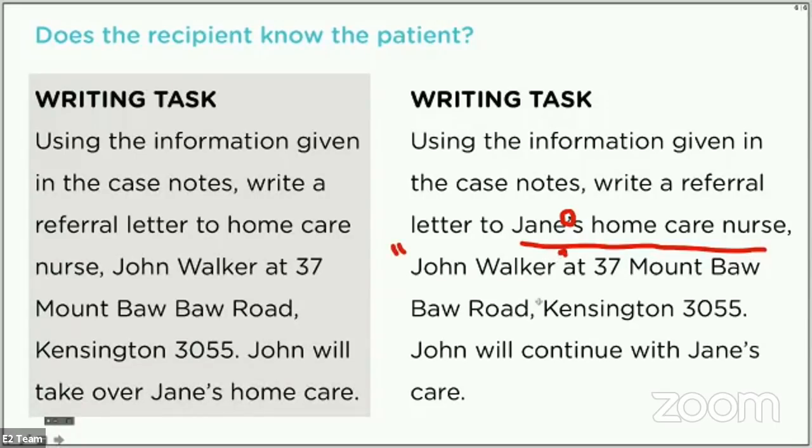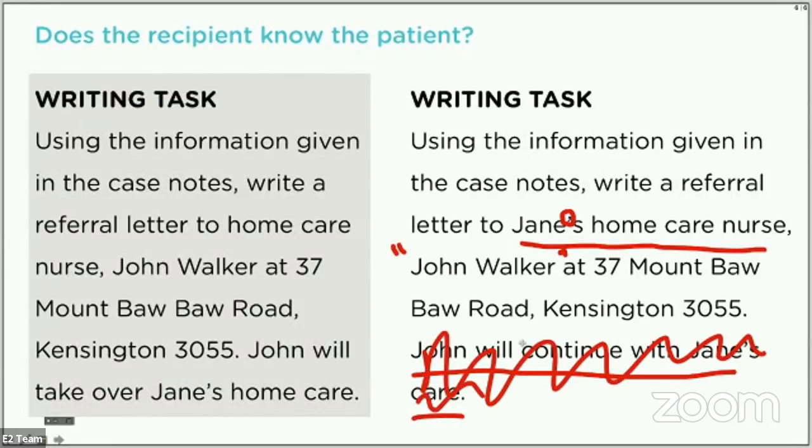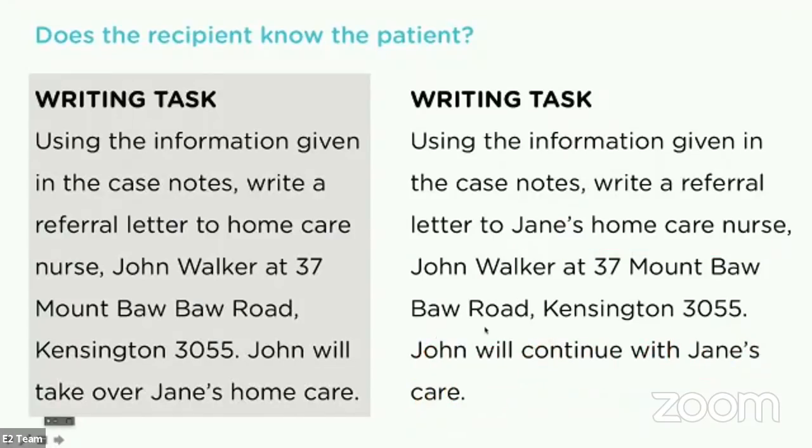It's a very small thing, but that indicates to me that John knows Jane. And therefore, our selection of case notes will differ. It also says John will continue with Jane's care as well. But even if it didn't say this, even if it just said Jane's home care nurse, then we can correctly assume that John knows Jane.